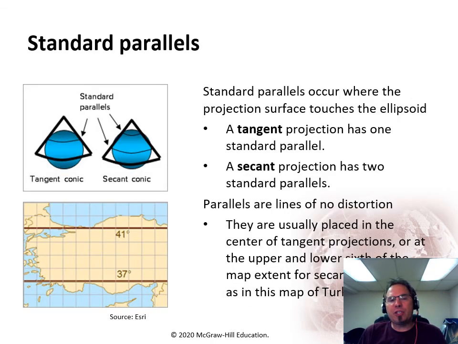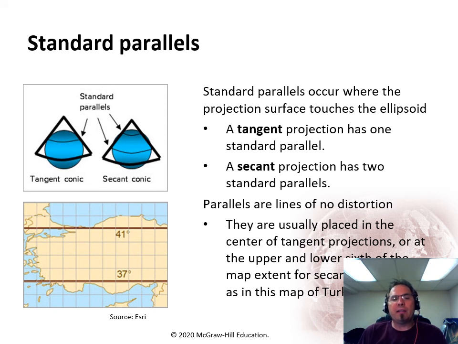So some projections have standard parallels where the projection touches the ellipsoid. So a tangent projection has one standard parallel, and a secant projection has two. So basically, they have their lines of no distortion.